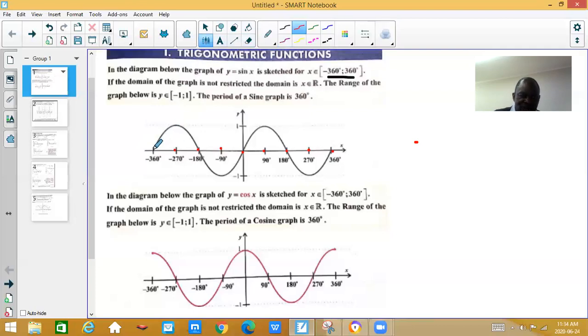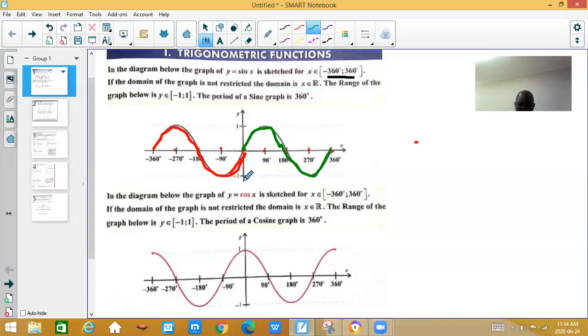Here it is still new, it goes on, still new. But when we come to this point, this part is the same, it is now repeating. This graph is now repeating.